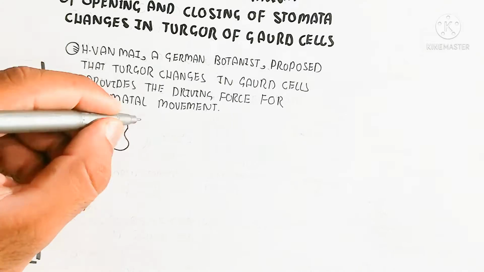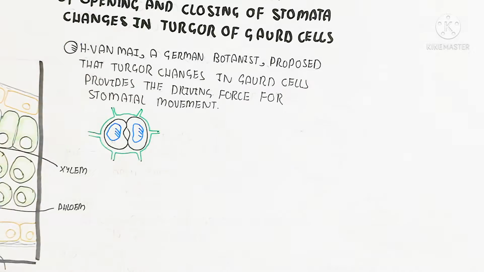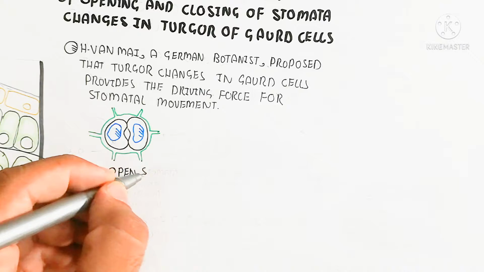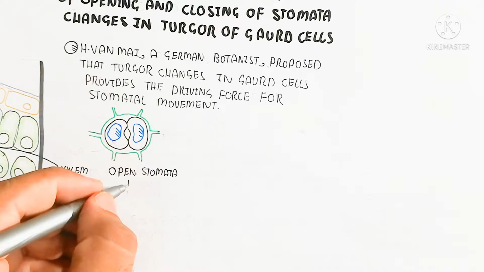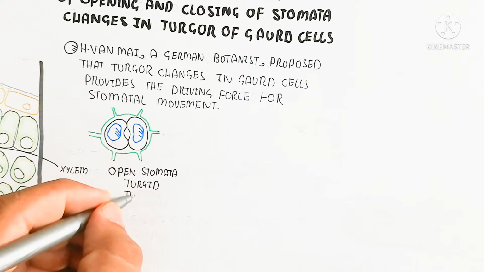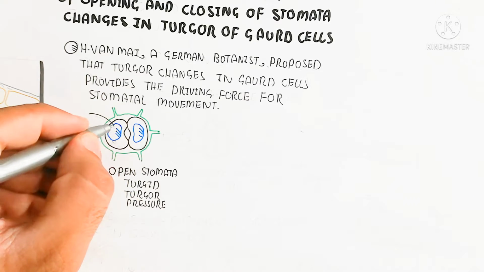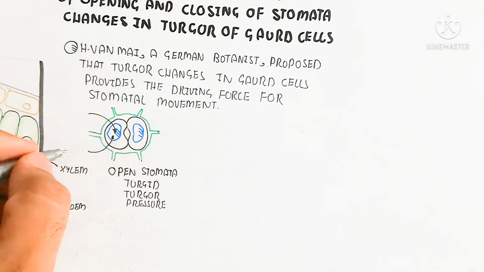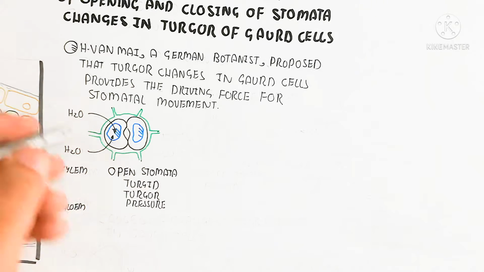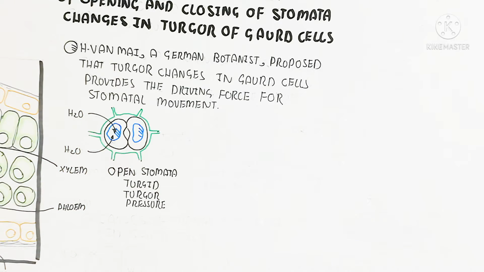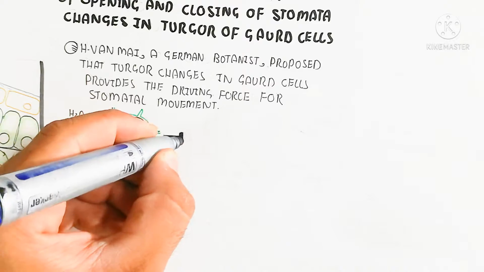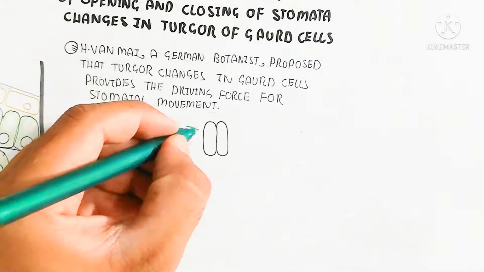In this way the exerting force, the turgor pressure, is generated, and this turgor pressure will lead to opening of the stomata due to turgidity. After the stomata opens, gases can easily diffuse; gases can enter and exit.